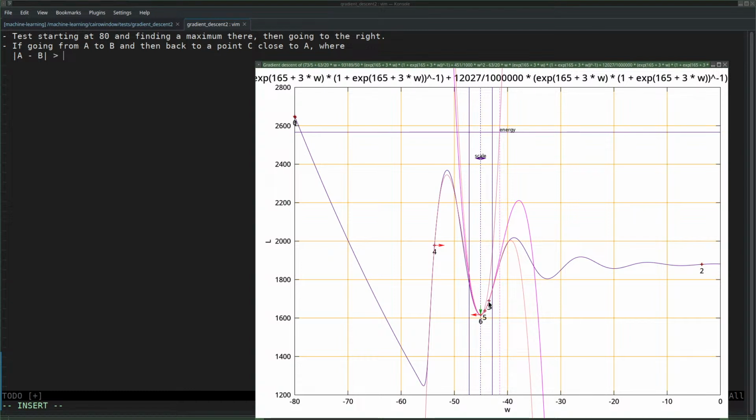I mean, I would say instead of jumping here, we would jump 2 times as far and then 3 times as far. So then 4 would be replaced with a point here. And then of course, if you have 2 points this close to the minimum, then the next one is bang on the minimum. So by doing that, I would still have 5. So it would get slower in this case, unbelievably.